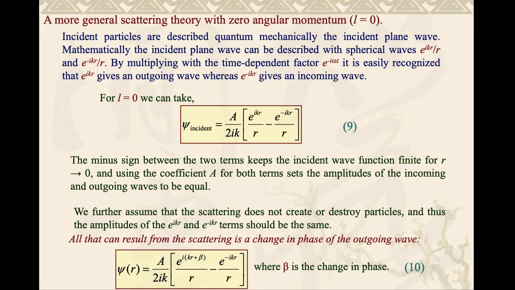The reason is that at r equal to 0, the incident wave function must be finite. That is one condition. That means its amplitude is finite. So when r is tending to 0, you can see that this is becoming infinity and this is also becoming infinity because you have divided by 0.